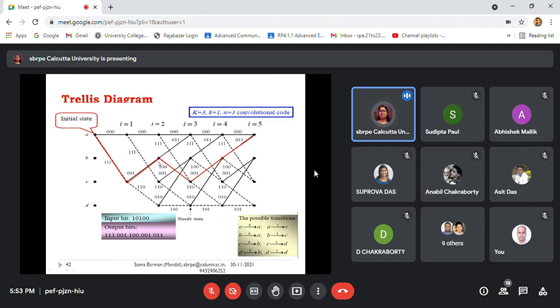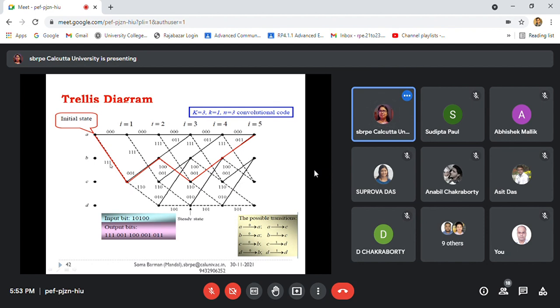In this case you are considering that state A is the 0, 0 state. If a 0 input is coming, it will remain in the 0 state. If 1 is coming, it goes to the C state. The output branch from the encoder, as we know from the previous encoder, is 1, 1, 1.